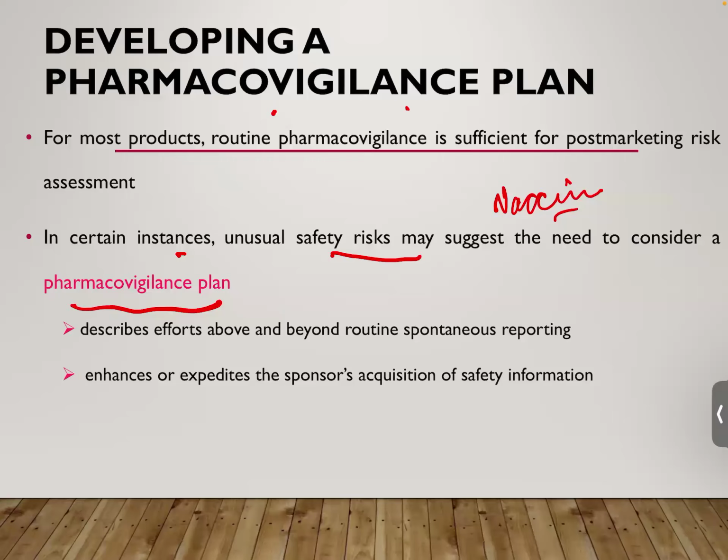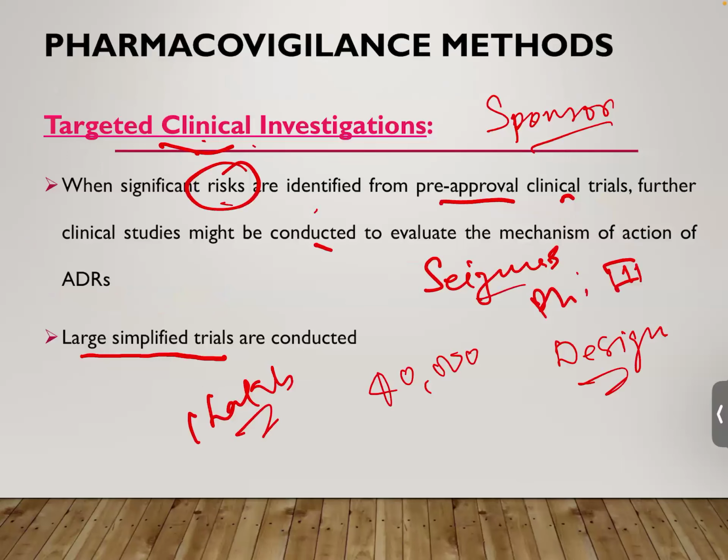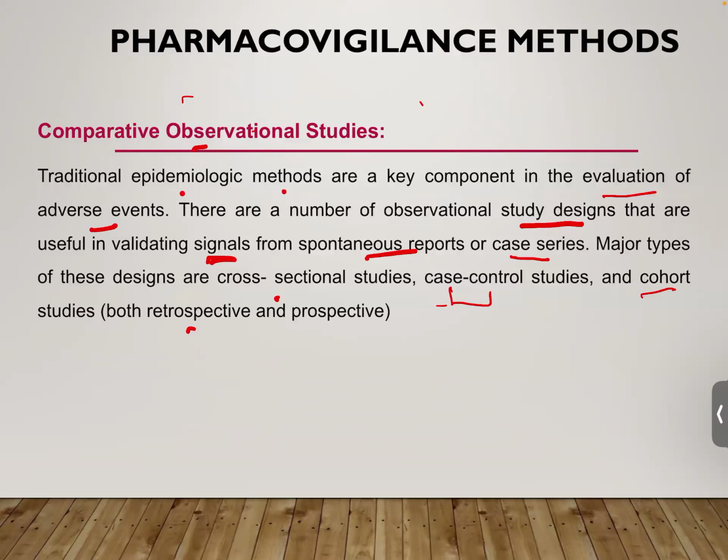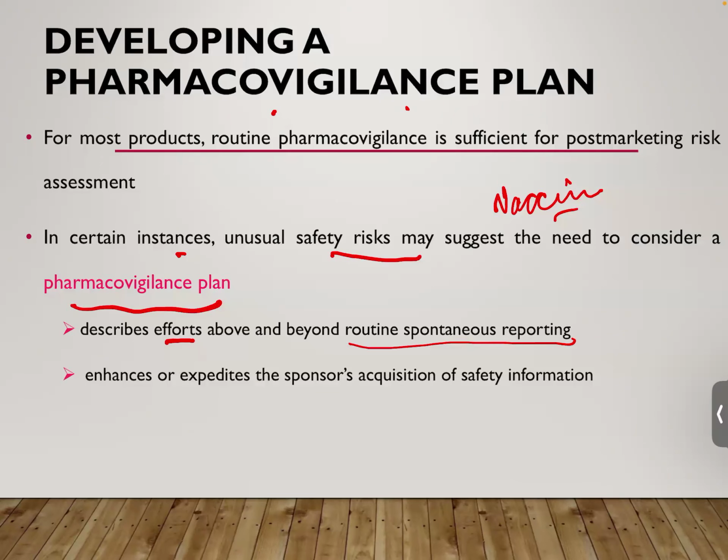Here they have to describe their efforts, what they are going to do beyond routine spontaneous monitoring. For example, they will be designing targeted clinical investigations, or doing comparative studies. So what extra effort they are going to do to ensure their product is safe. That is your pharmacovigilance plan.